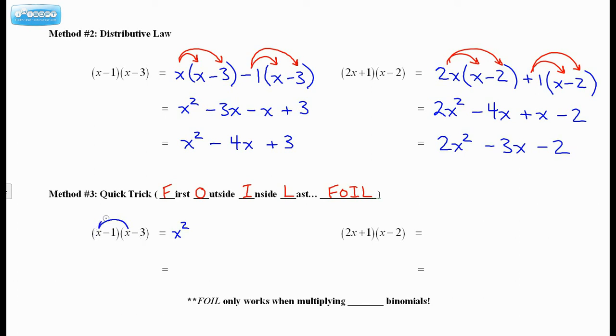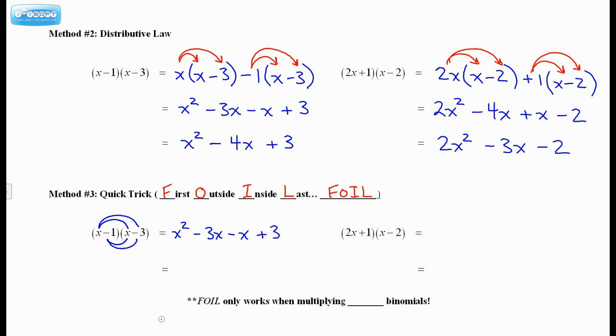So x times negative 3 is negative 3x. The I for inside. So I take the inside 2 terms. So this is negative 1 times x. So that gives me negative x. And then L stands for last. So the last 2 terms, negative 1 times negative 3, which is positive 3.